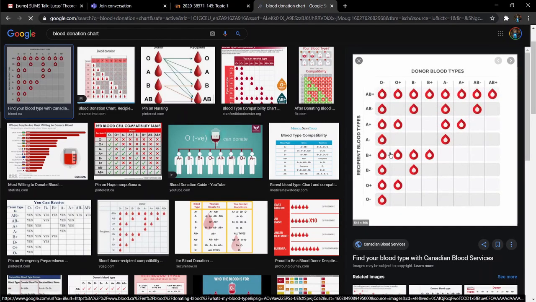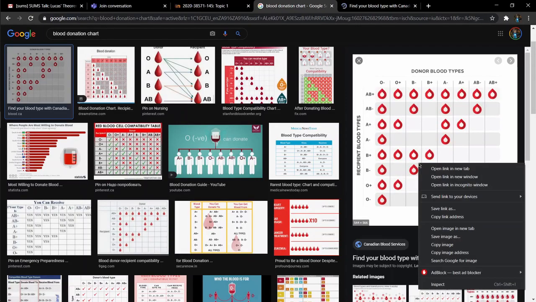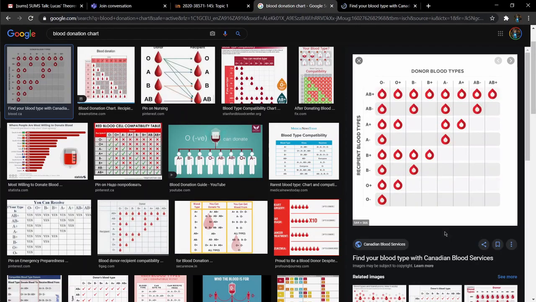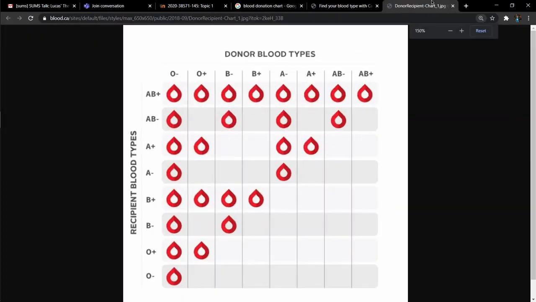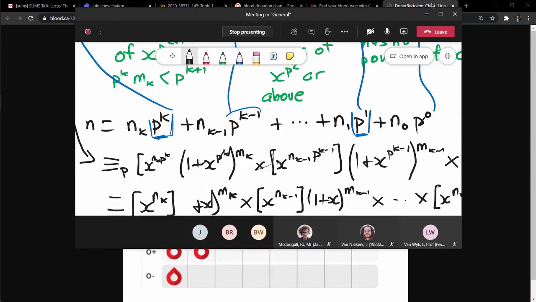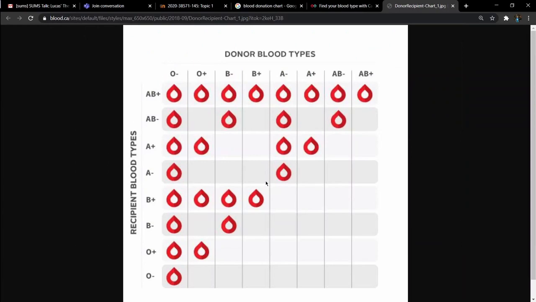There's a chart that I'm going to bring up soon. Okay, let's switch what I'm presenting to that. Okay, can everyone see the blood type chart over there? Yes. Cool.